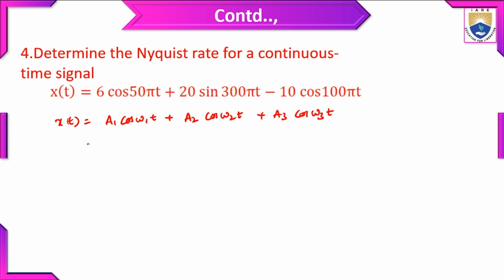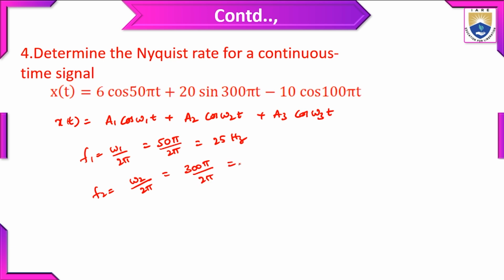Comparing, f1 is equal to omega 1 by 2 pi. Here omega 1 is 50 pi divided by 2 pi, which is 25 hertz for the first part. The second one, f2 is equal to omega 2 by 2 pi, so 300 pi divided by 2 pi, and you get 150 hertz.